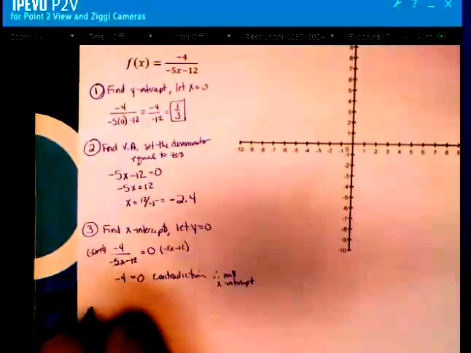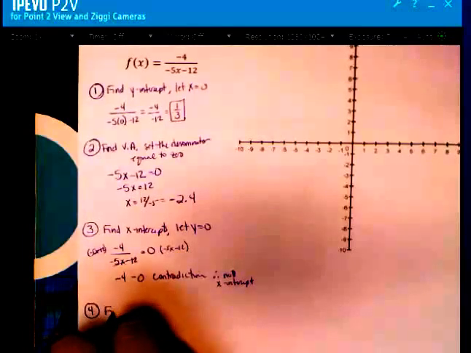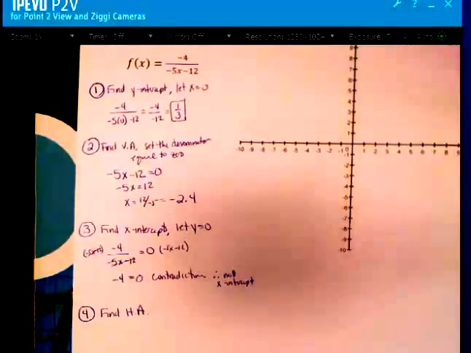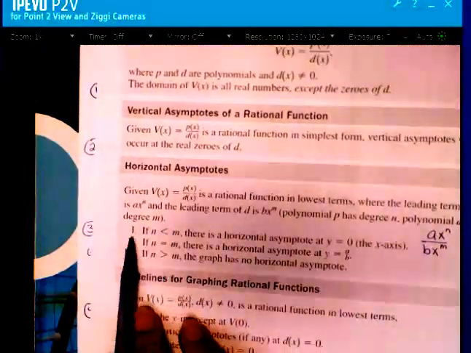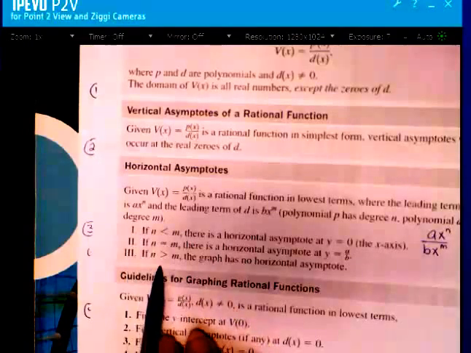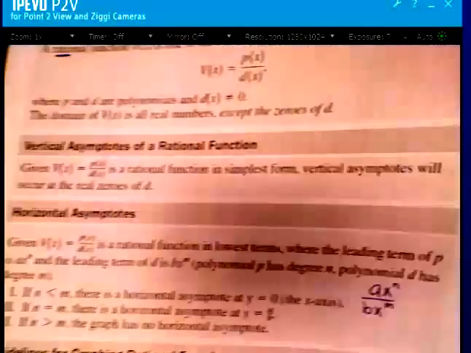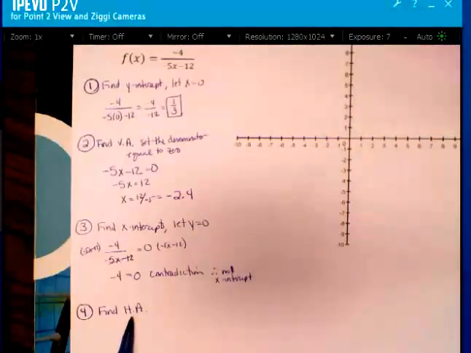The fourth step is to locate the horizontal asymptote. So we're going to find the horizontal asymptote. I'm going to bring this back up. So this right here tells us exactly what our horizontal asymptote is going to be. First, we need to find the leading terms of both the numerator and the denominator.